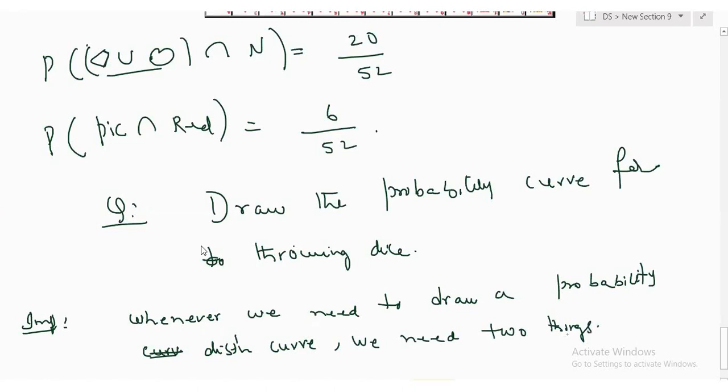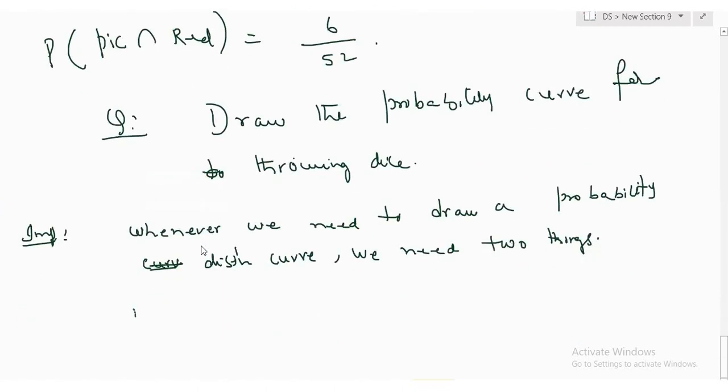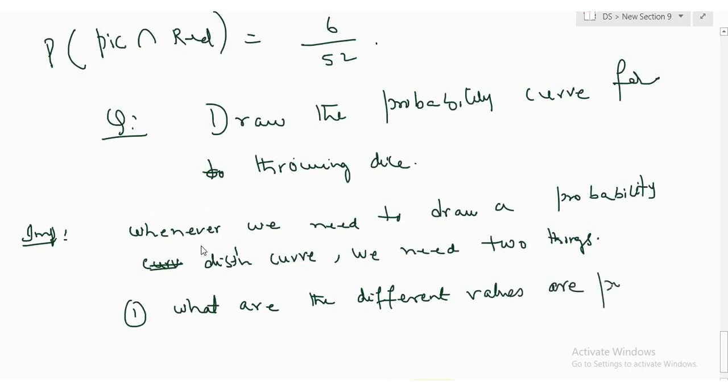One, what are the different values of the outcomes? What are the different values possible for my experiment? Agreed?